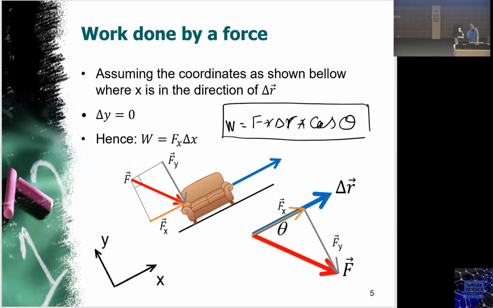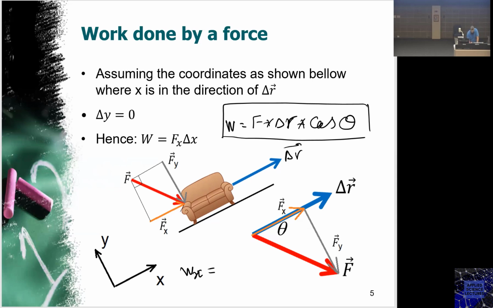If I take the X-axis along this inclined plane, this is delta R, and the Y perpendicular to that surface, then Fx, and then I solved for the work for each of those components. So let me do Wx due to the X component. Now I'm not looking at the total force, I'm looking at the components of this force.